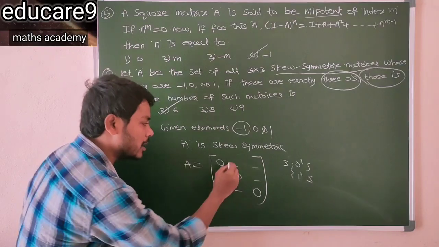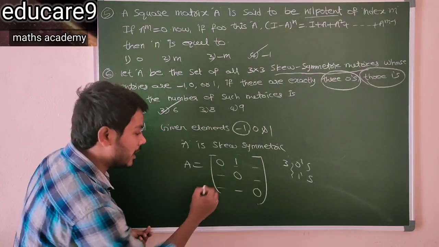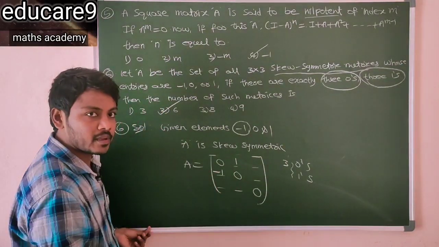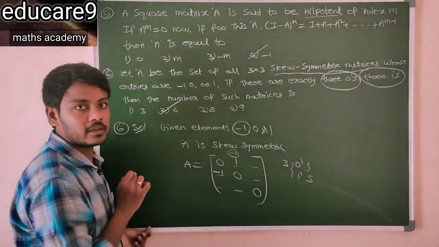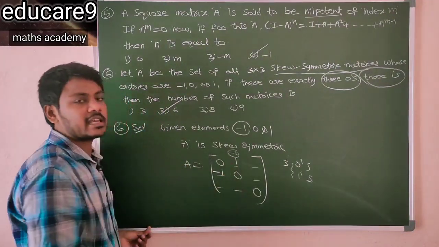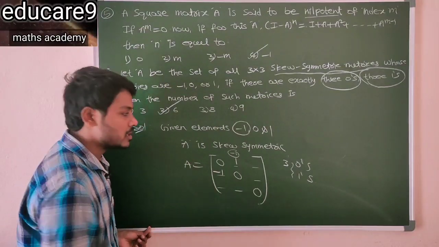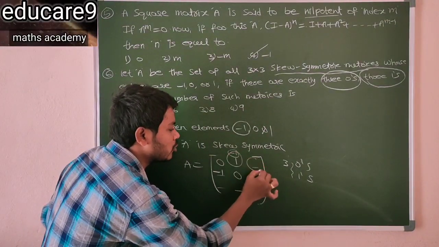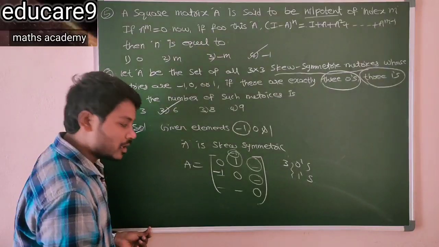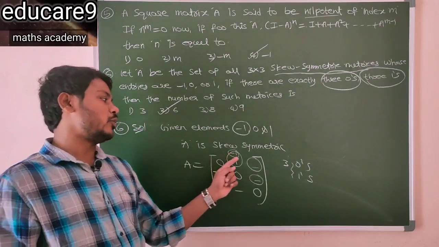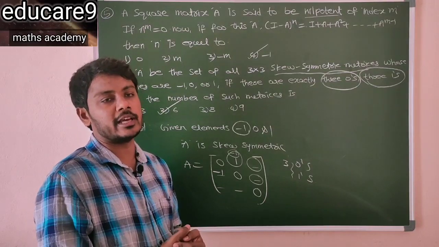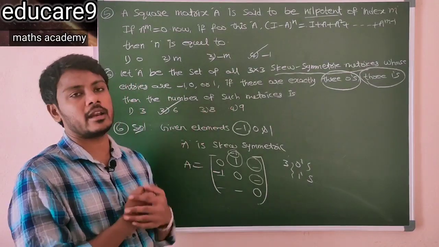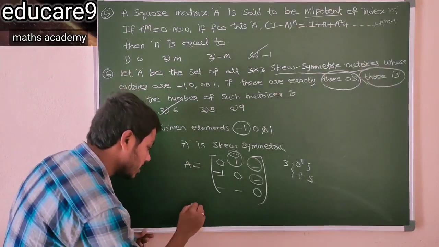See here, for example, if you write here 1 and here write minus 1. For example, here write minus 1, here write 1. So clearly each place is having 2 possibilities. Here 2 possibilities, 2 possibilities, 2 possibilities. Therefore number of possibilities are 2 into 2 into 2. So total 8 possibilities are there, that are 8 matrices are possible.